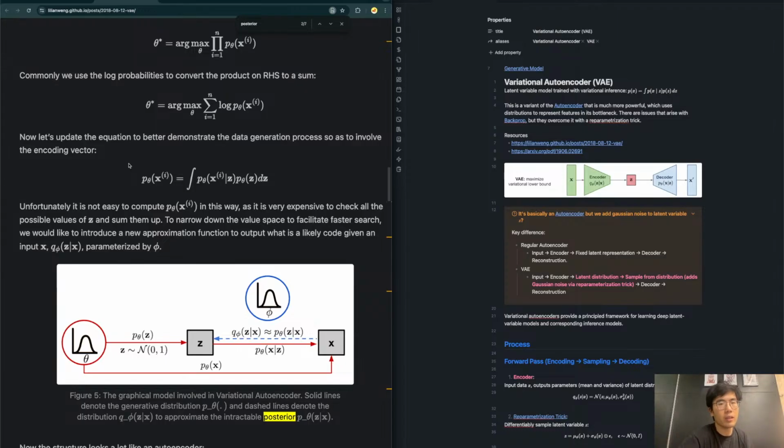That's just summing over all possible values of z, right? That's just how you formulate it. But this equation is intractable because there are a lot of values of z, and you simply cannot make this tractable. And so rather, what you can do is make this problem tractable by conditioning it on Q.